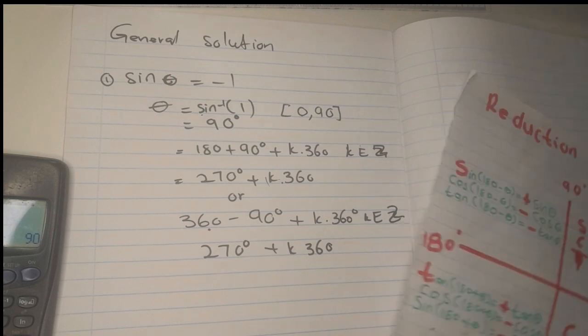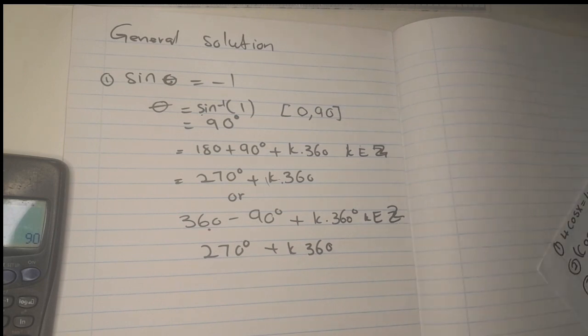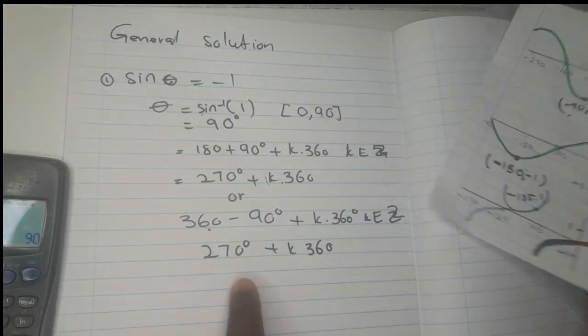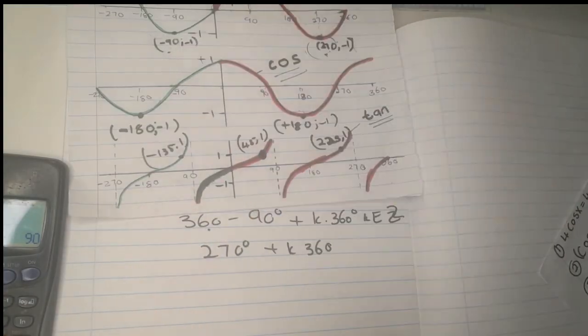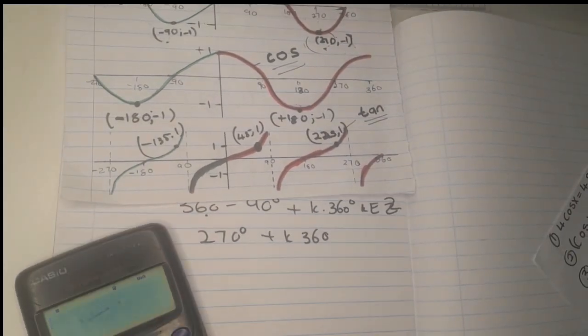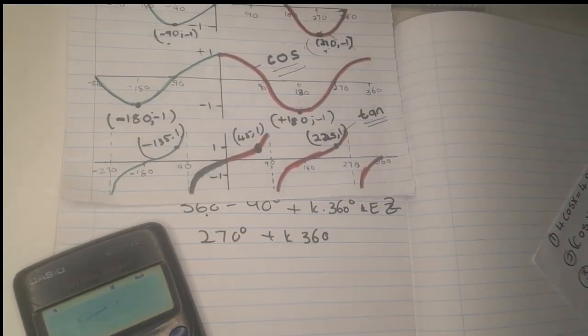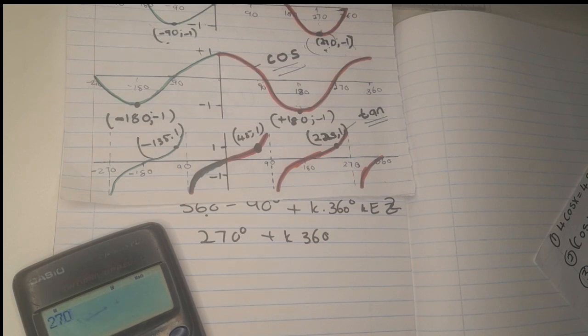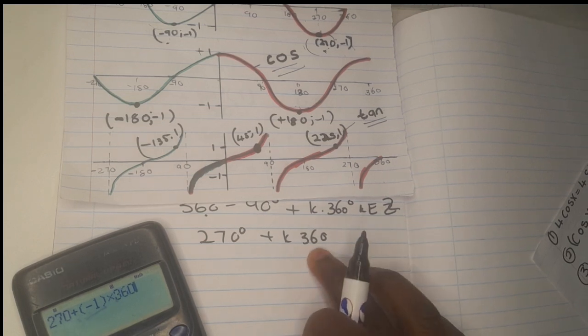What this k does is simple. I have 270, so I want this -90. If I want that -90, I'm going to use this statement: 270 plus open bracket, and let's say k is -1, close bracket, times 360. And this 360 is my period.